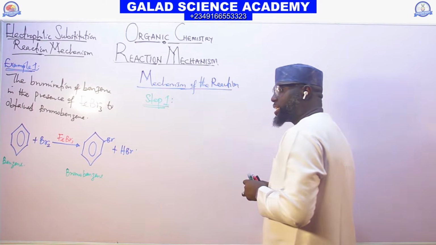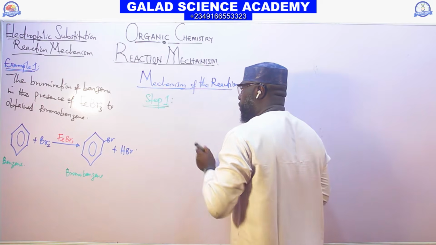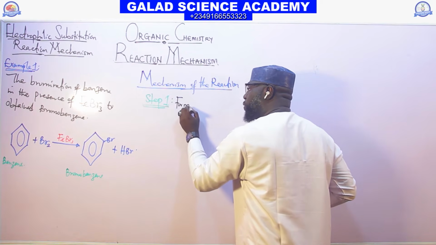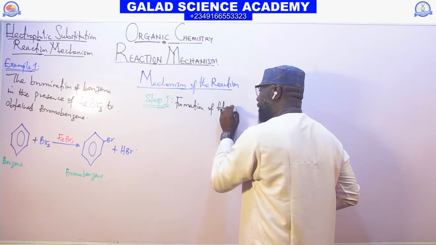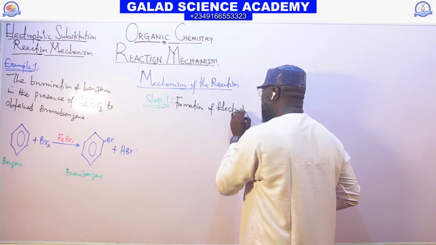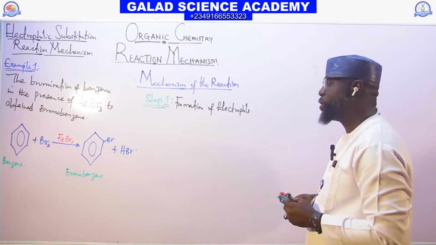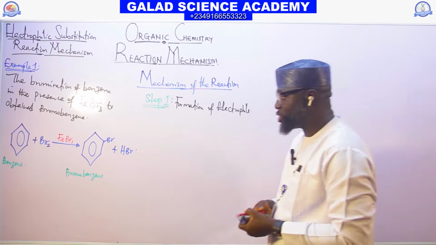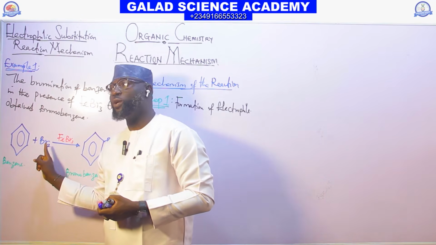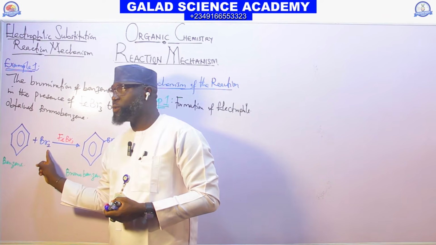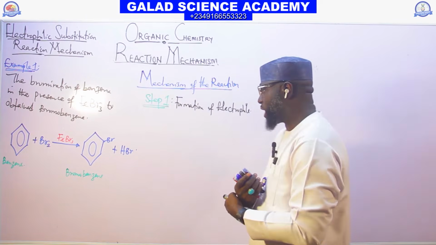In step 1, we have formation of electrophile. Where can we get our electrophile from? This is the substrate. This is the reagent. So we get our electrophile from the reagent.